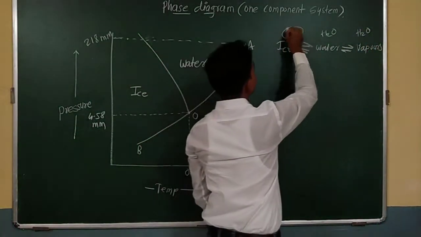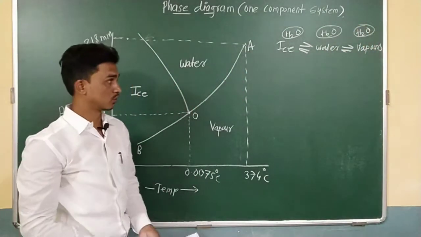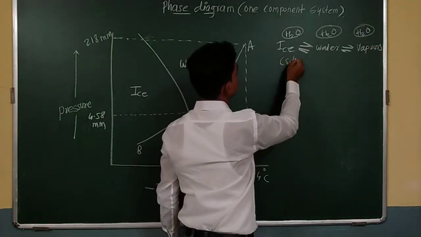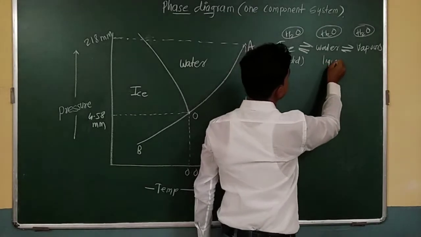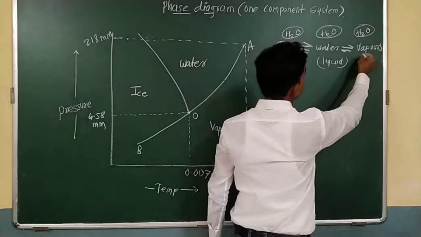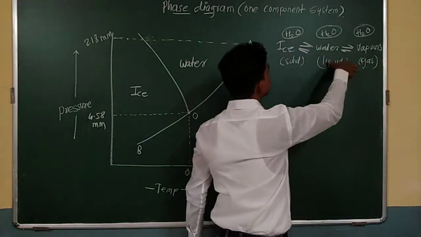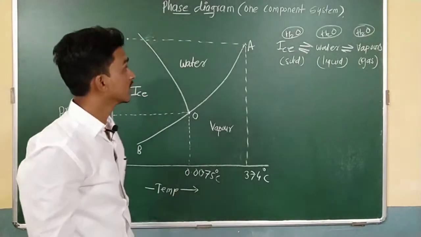So here it is H2O in the 3 states, because ice exists in the solid state, this water exists in a liquid state, and this vapor exists in a gaseous state. These 3 states are made from what? H2O molecules, that is a single component.